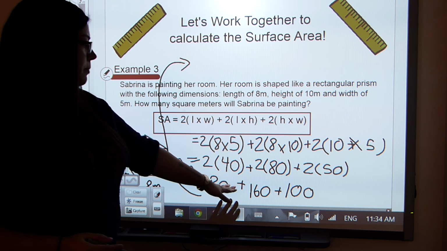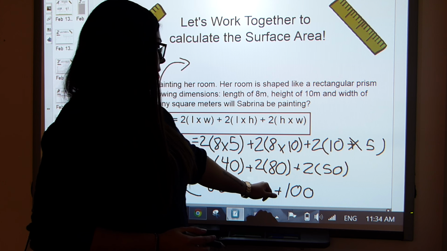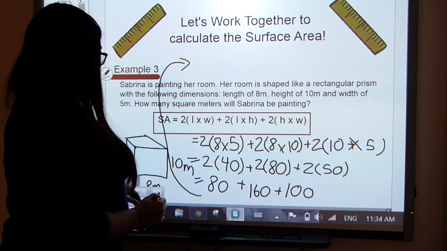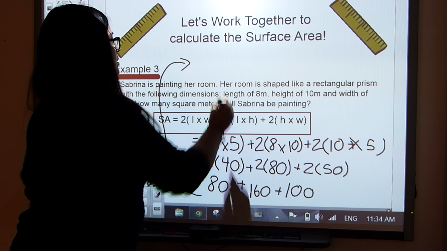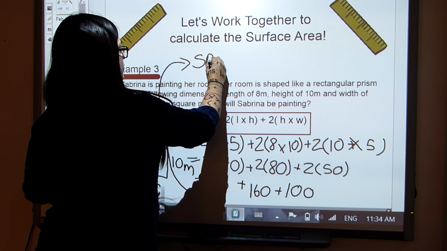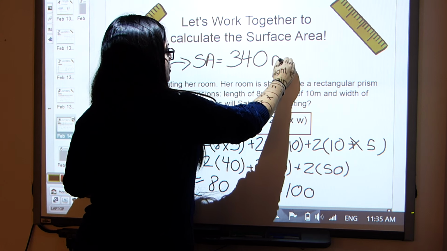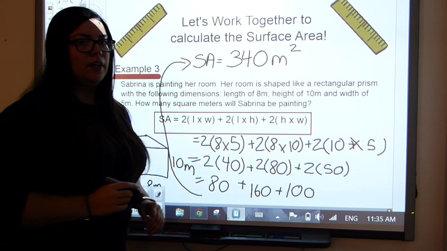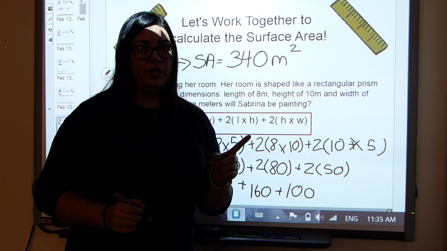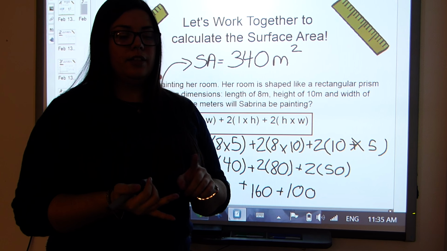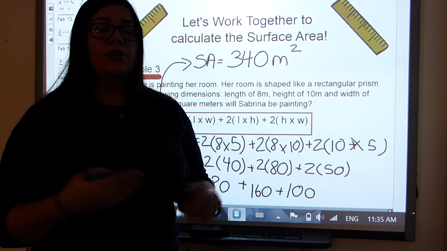So once you add them all up, you get 340 meters. So now notice it's in meters. So your surface area is 340 meters squared. Okay? So I was solving for option 1, which is painting the floor, the ceiling, and the walls. So I'm going to go to option 2.